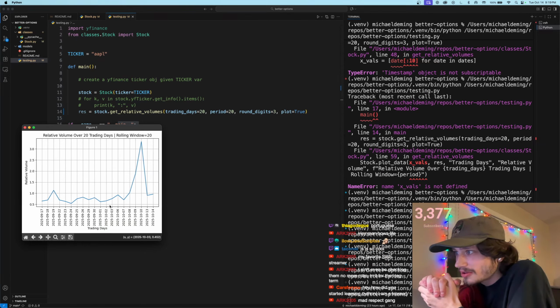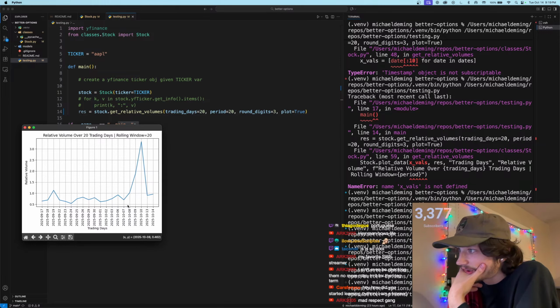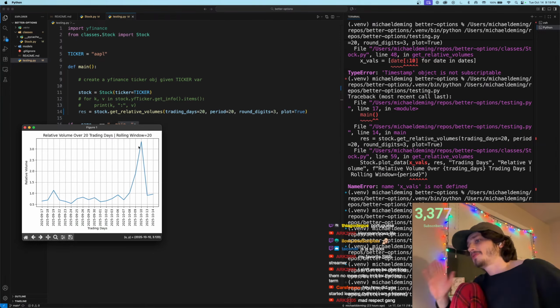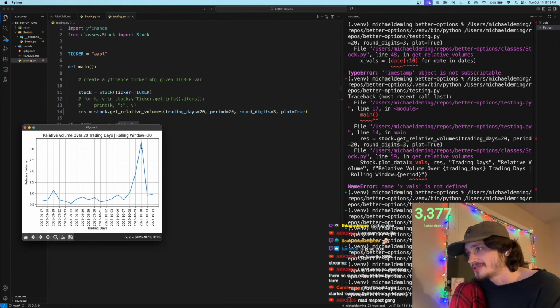So, as you can see, around the 9th, on the 10th, exactly. So we were off by 1. It was on the 10th, so this does make sense. On that Friday, we saw 3x relative volume, right? And we started to see relative volume start to spike even on the 9th.